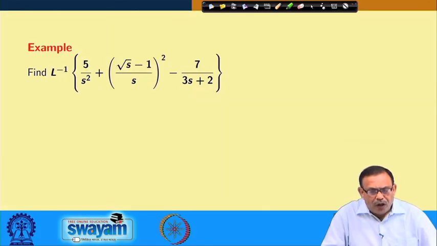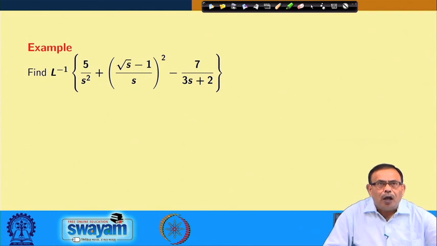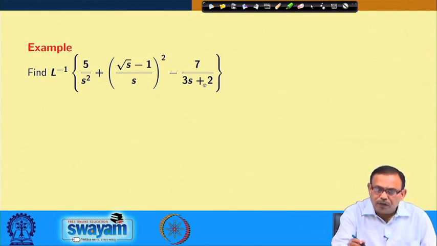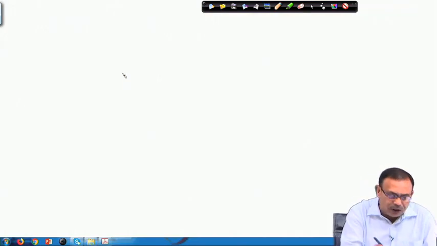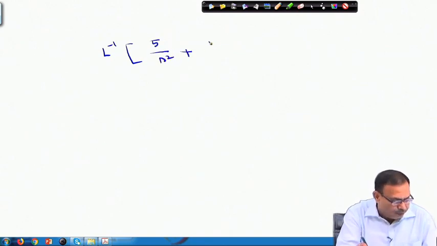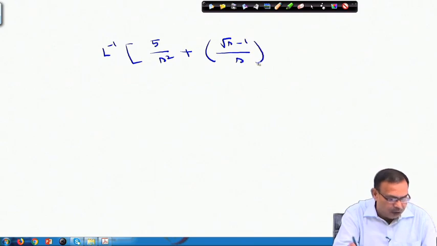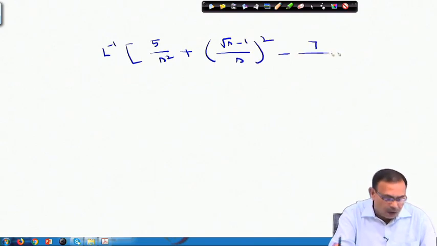Now, let us try to find out the inverse Laplace transform of this particular function: Laplace inverse of 5 by s square plus the square of root s minus 1 by s, minus 7 by 3s plus 2.